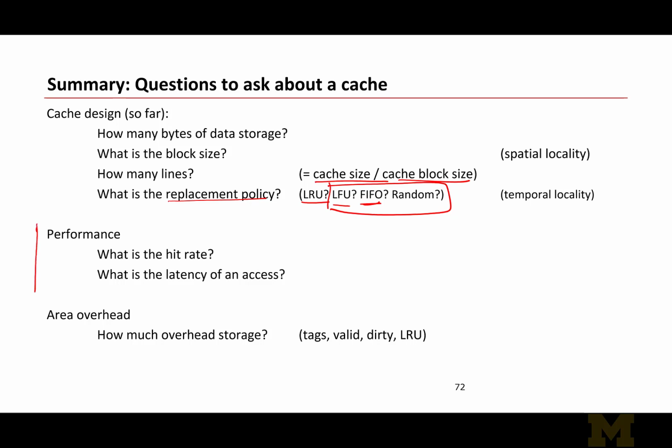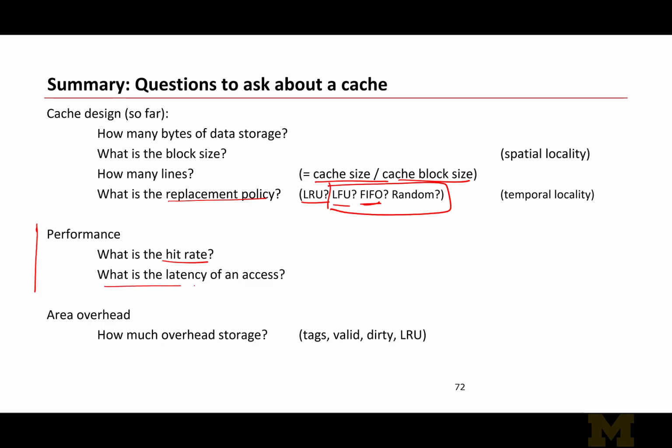So we also talked about how to reason about cache performance. One very important statistic about a cache is its cache hit rate, and that can change from one program to another program, even for the same cache.